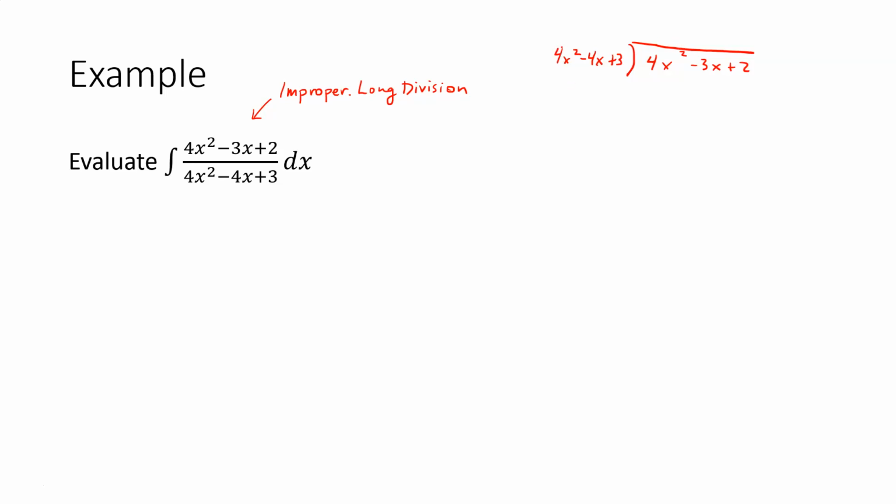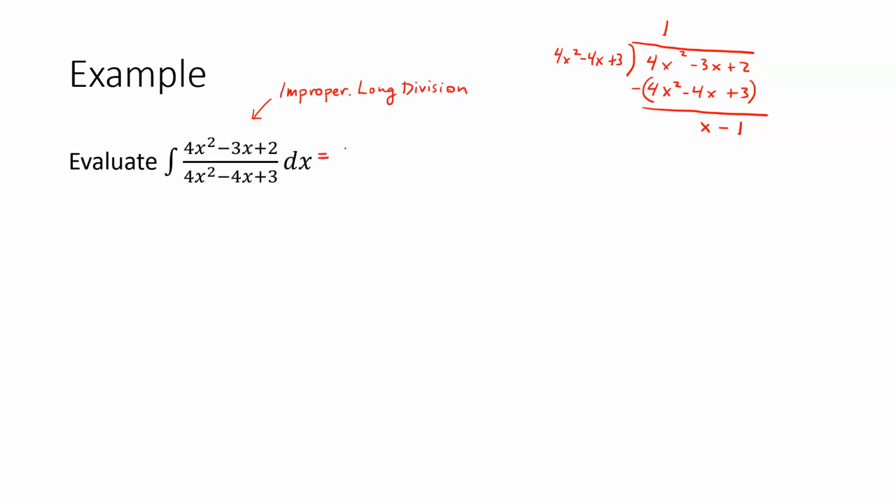So 4x squared divided by 4x squared is 1. 1 multiplied by that divisor will be 4x squared minus 4x plus 3. And then we subtract from above, and that gives us down here our remainder. So we'll have minus 3x minus negative 4x, so plus 4x will give me x. 2 minus 3 will be minus 1, so x minus 1 will be my remainder.